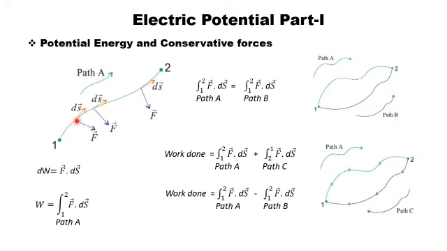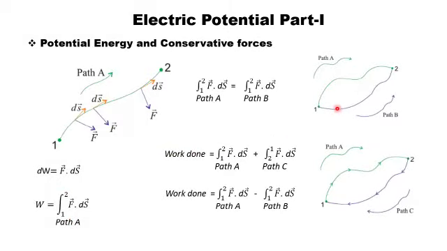Note that ds has a direction along the tangent to every point along path A, and the total work done along path A can be simply written by integrating this equation, where the integral sign is called a path integral, which indicates integration over path A from point 1 to 2.